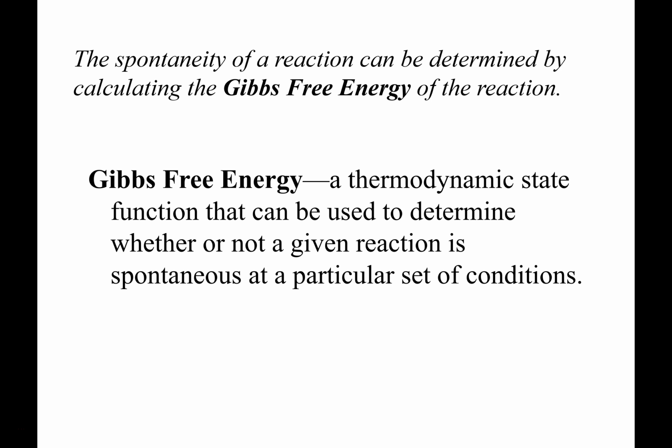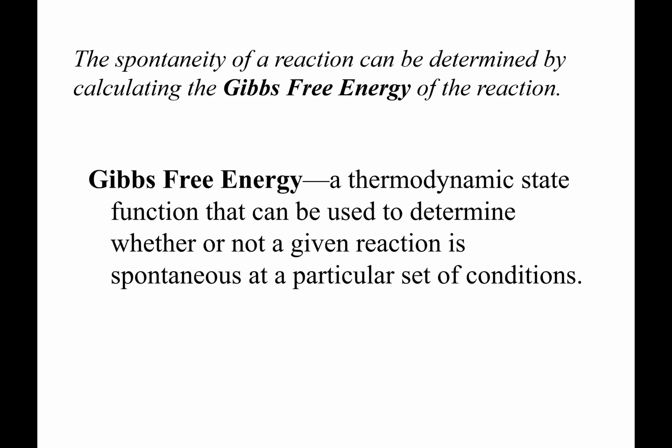So we had two scenarios, and we're talking about spontaneity, and it's all about dispersion. So we want to disperse energy and we want to disperse matter. If you disperse energy out, that's exothermic, and we said that the delta H is negative.